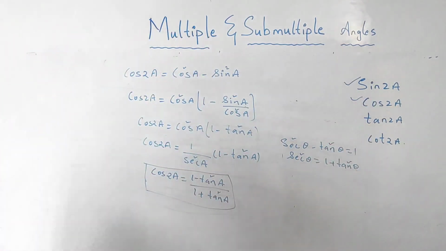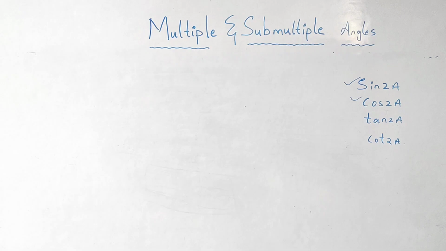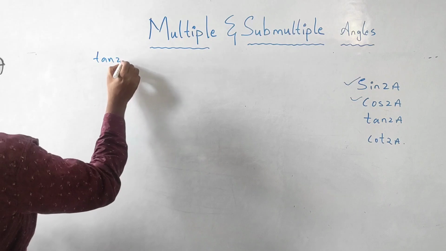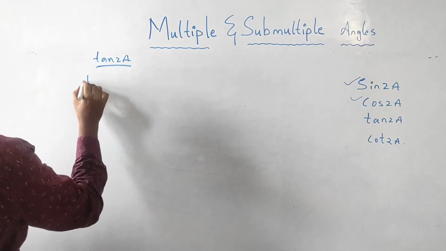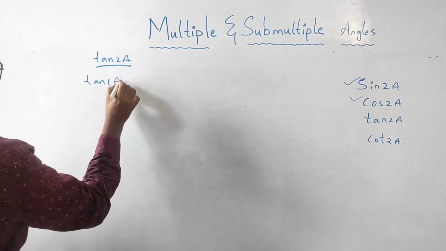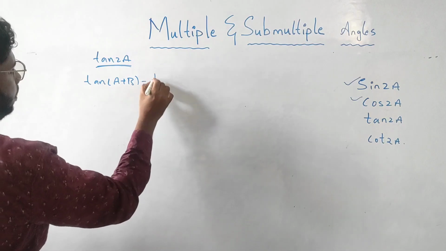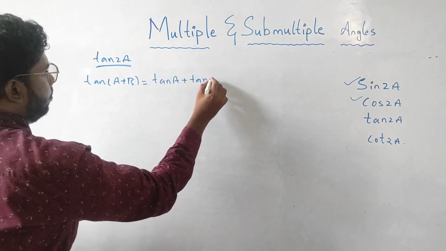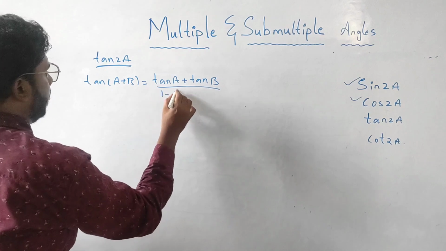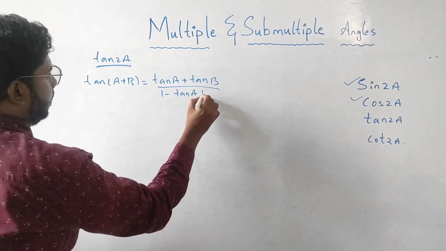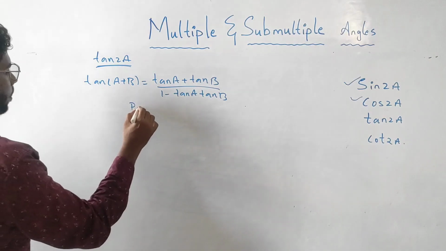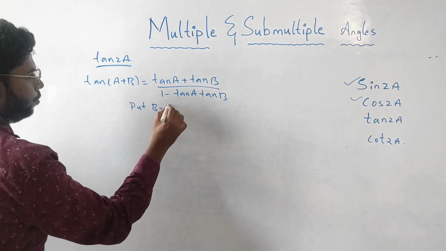Now let us see what is tan 2a. From compound angle, we know we need to find tan 2a. Tan of a plus b, what is the formula of tan a plus b? It is tan a plus tan b by 1 minus tan a tan b. Similarly, in the place of b, we need to put a.